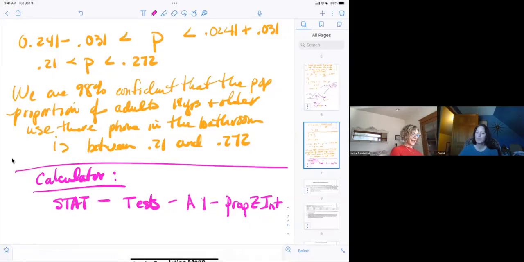If you select that, your X value is 241. Your N value is 1000. Your confidence level is 0.98. Then you calculate, and it will give you an interval.